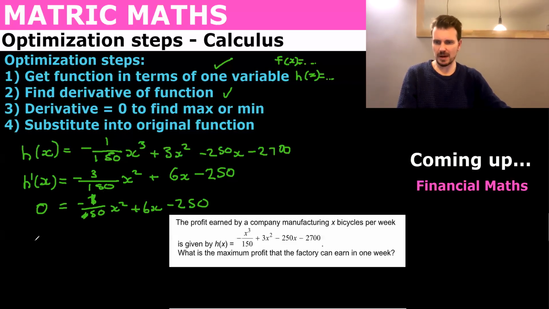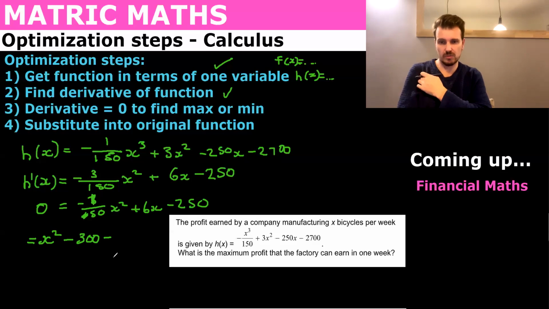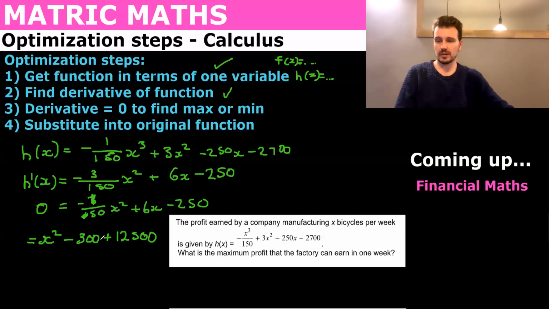And if I multiply everything by minus 50, that's going to at least get me my x squared, because negative 1 over 50 times minus 50 is just x squared, and then it's going to be minus 6 times minus 50, which is minus 300x, and 250 times 50 is 25 times 50 is 1250, as well, 12,500 positive. So 12,500, and this is a 300x here.